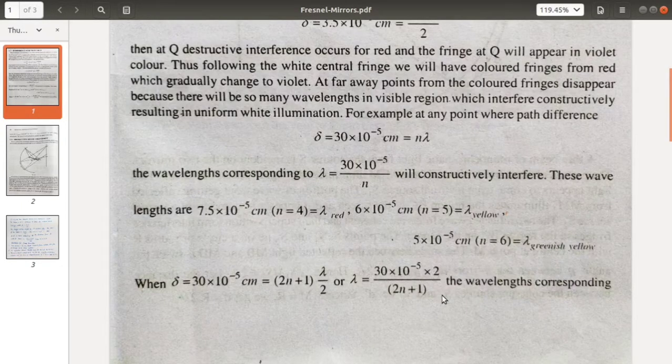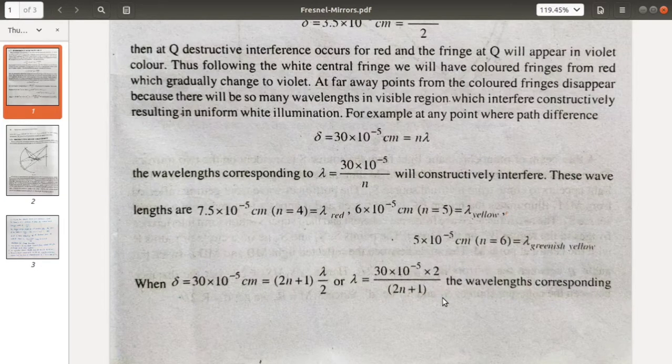This will interfere destructively. So the color of such light seen by unaided eyes appears to be white there. So that color will disappear from the fringes there.